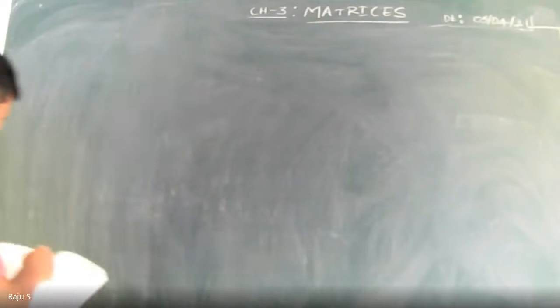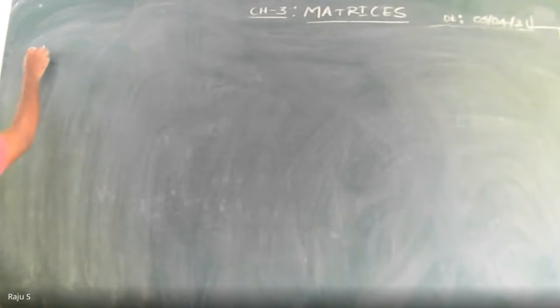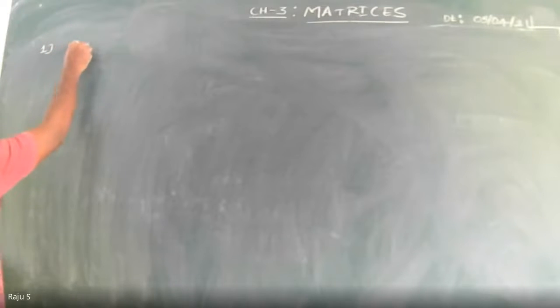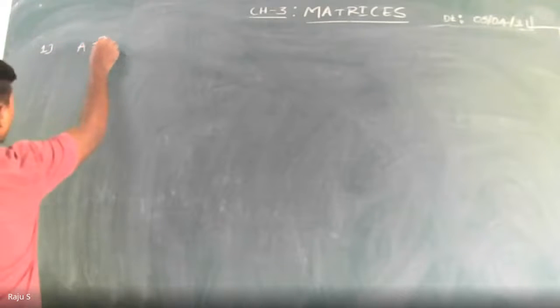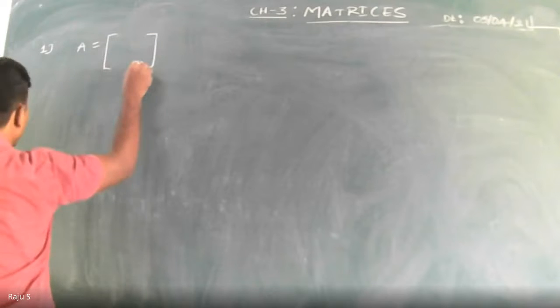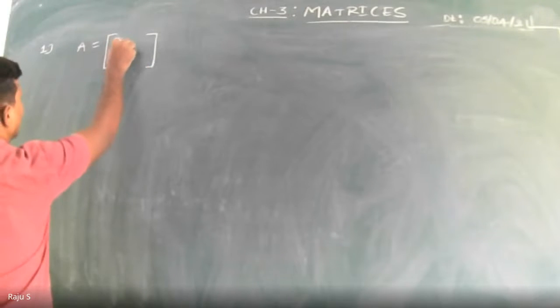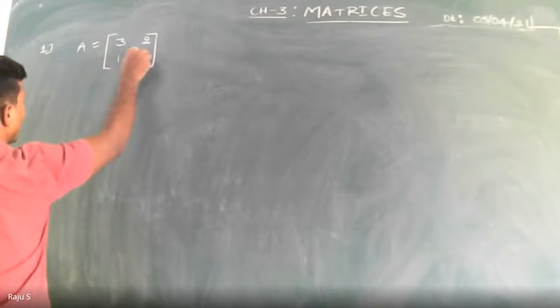See here, for the matrix capital A, they have given 3, 2, 1, 1.